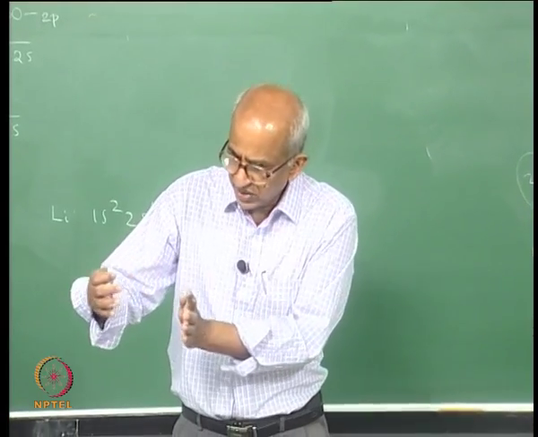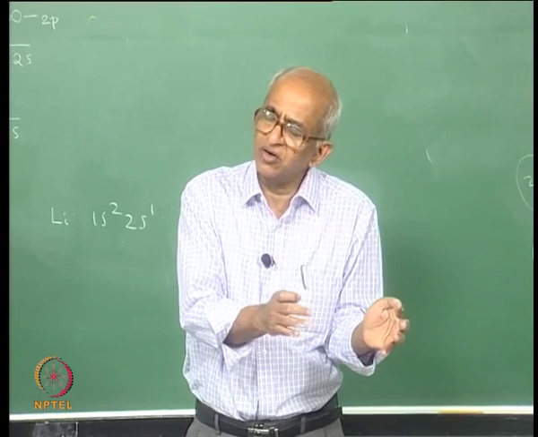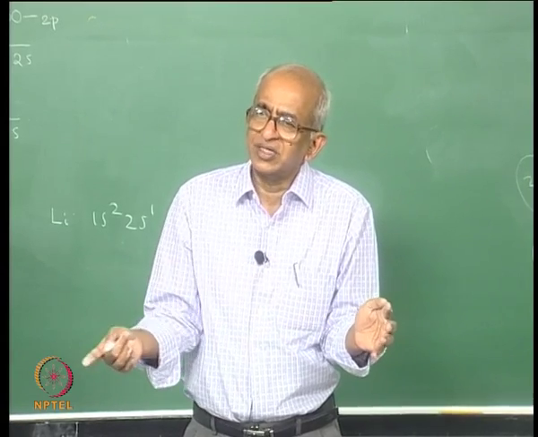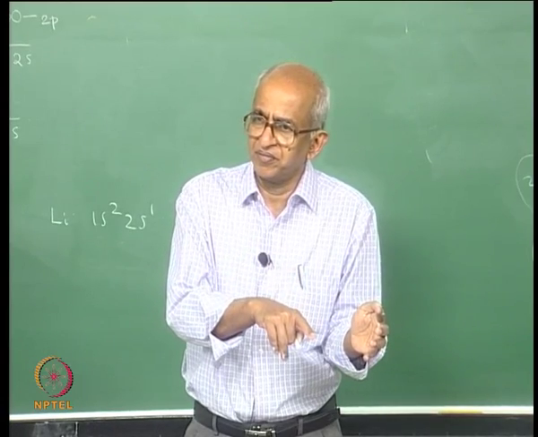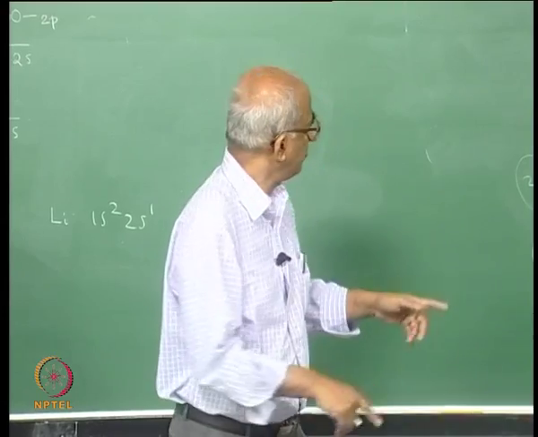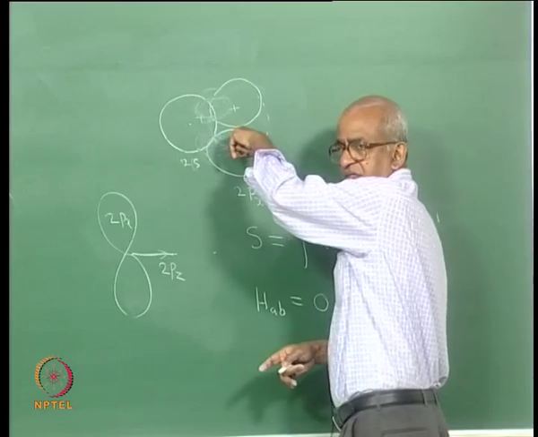2s on the first atom cannot interact with 2px on the second atom, and further you can also say that 2s cannot interact with 2py, right. That also is not possible. 2py is, remember, an orbital perpendicular to the plane of the board.